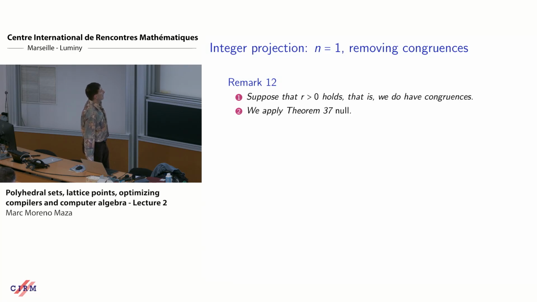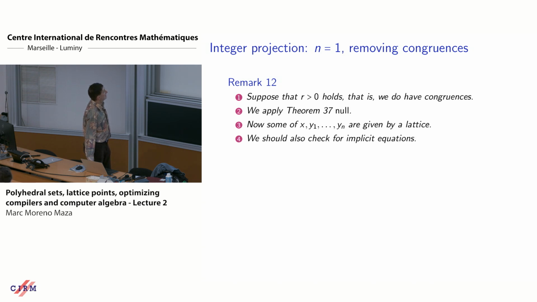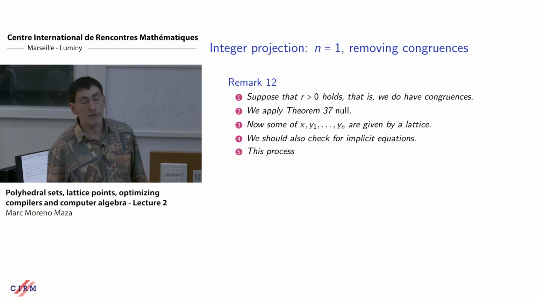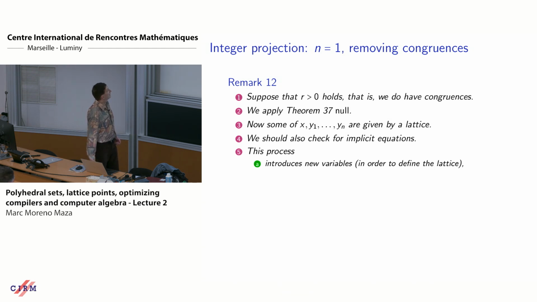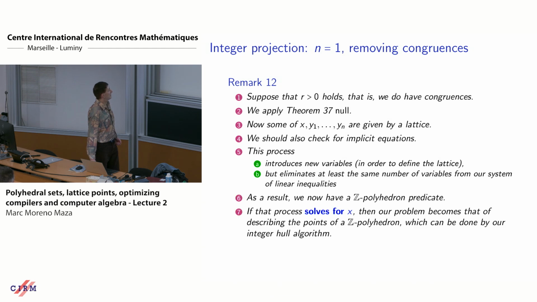So what I've just explained with hand waving is stated here. So that is, I use my lattice. If in the middle of that I also detect some implicit equations, because this can happen, I use them. So I simplify as much as possible the system of inequalities. And now I'm going to concentrate on that part. So here I'm just repeating what I've said one minute ago.